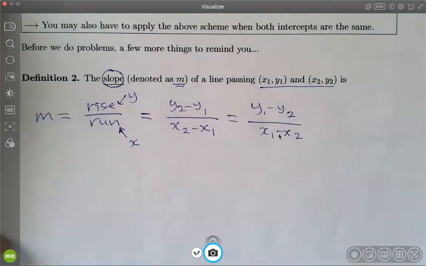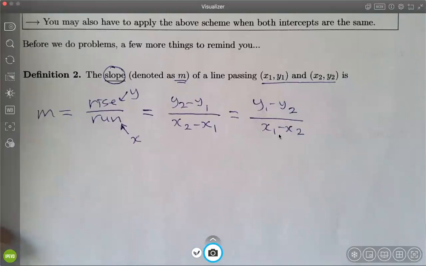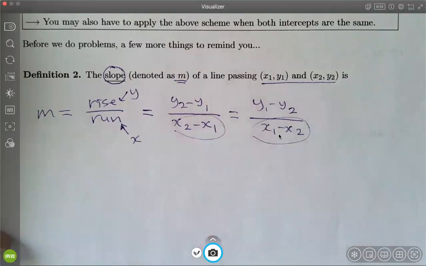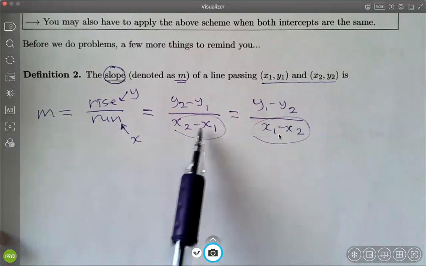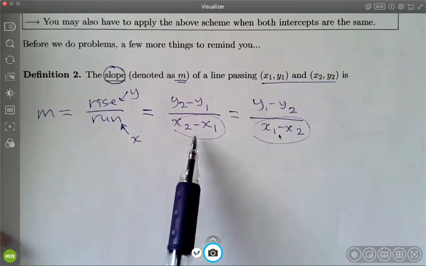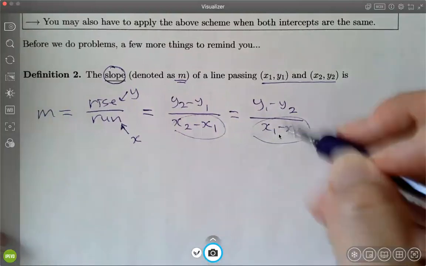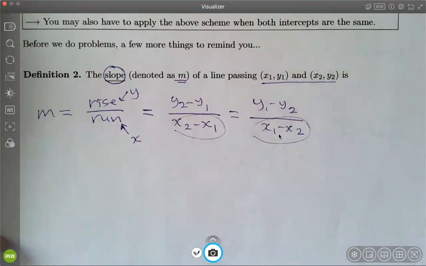But what you have to be careful with is that the bottom has to keep the same order of subtraction as the top. What you cannot do is y2 minus y1 over x1 minus x2, or y1 minus y2 over x2 minus x1. But as long as you maintain the order of subtraction, it doesn't matter. That is the definition of the slope formula.